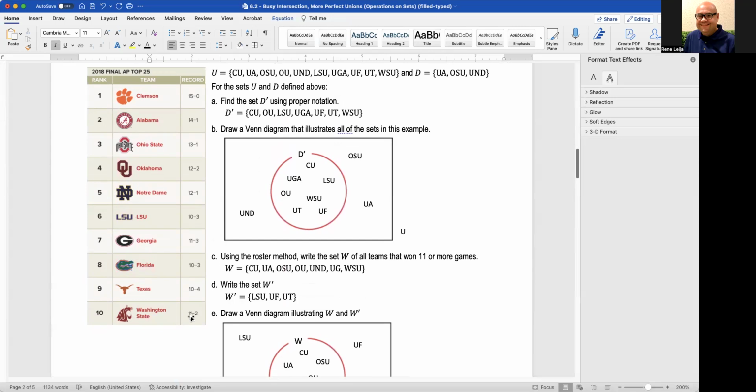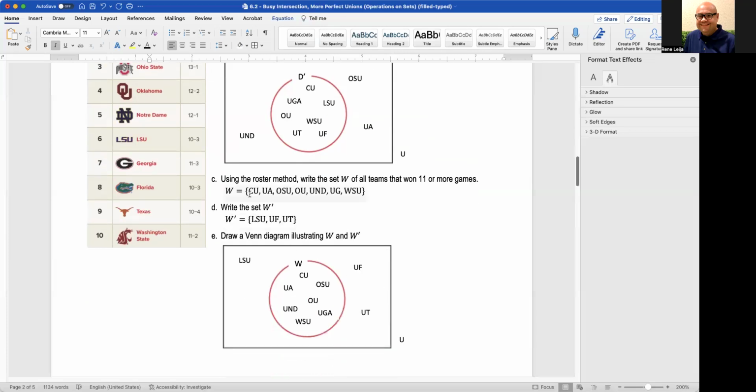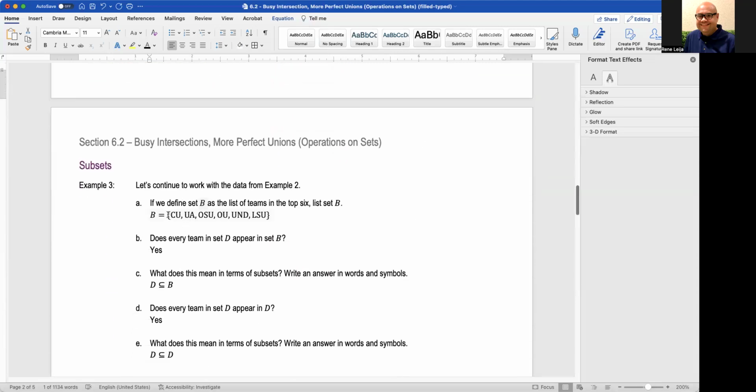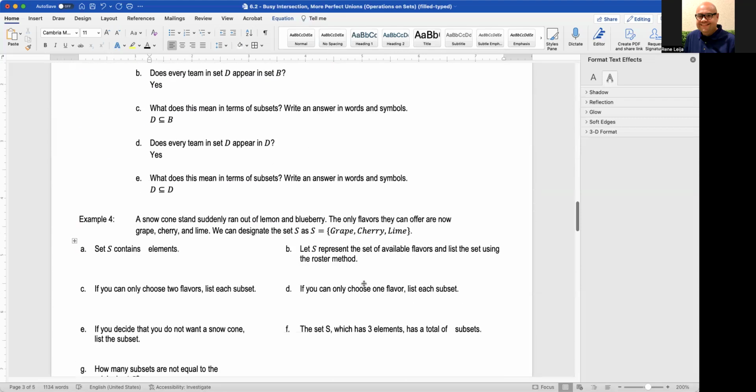So are all of the teams in set U in set U? Yes, they are. Are all of the teams in set W in set W? Well, yes, because that's what I have identified them to be. And here, are all of the teams in set B in set B? Well, yes, they are. They're all there. So every set is a subset of itself.